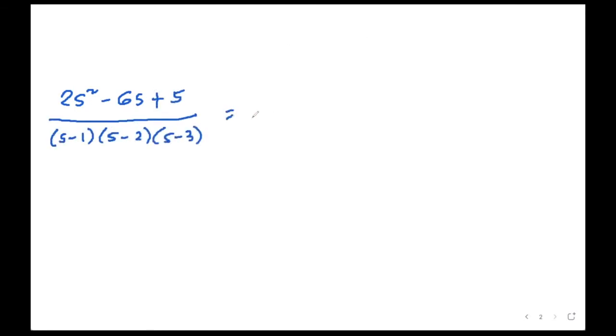So I'll rewrite again the given rational expression because the next step will be finding for the constants. The equivalent partial fractions or the sum of partial fraction is A over S minus 1 plus B over S minus 2 plus C over S minus 3.